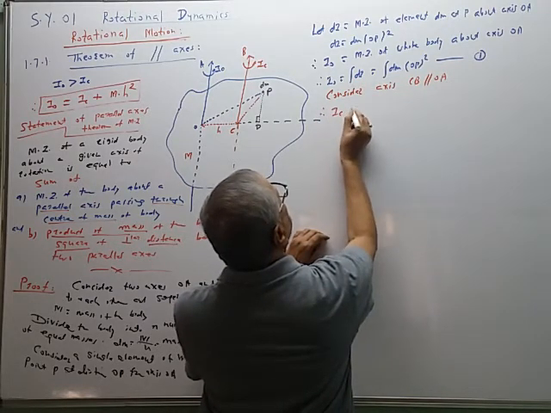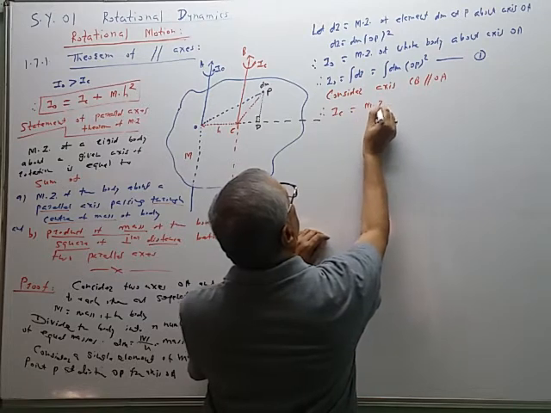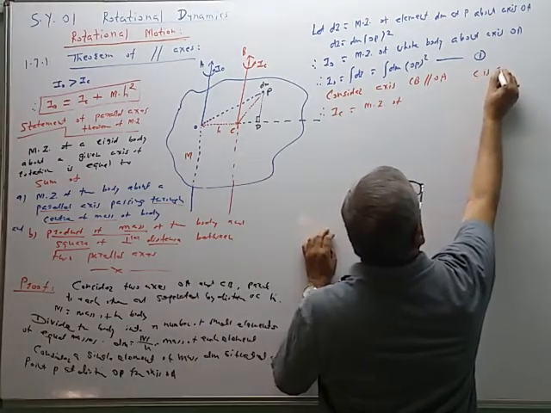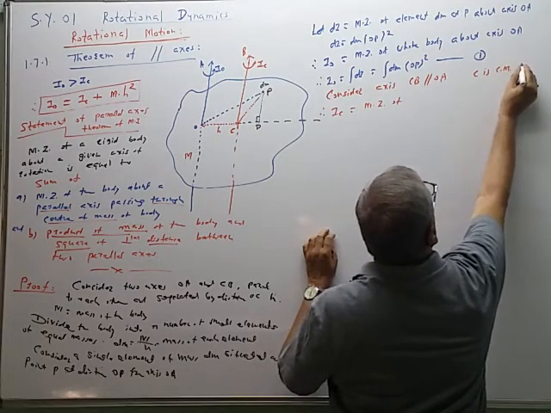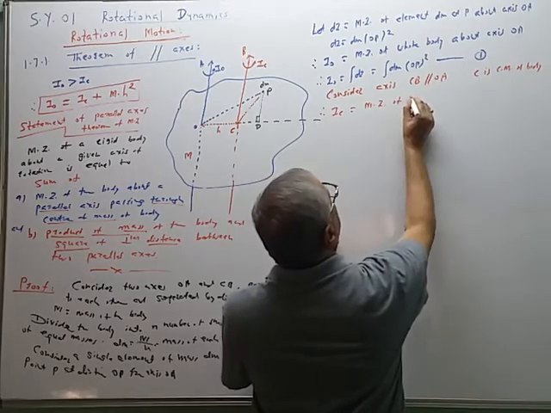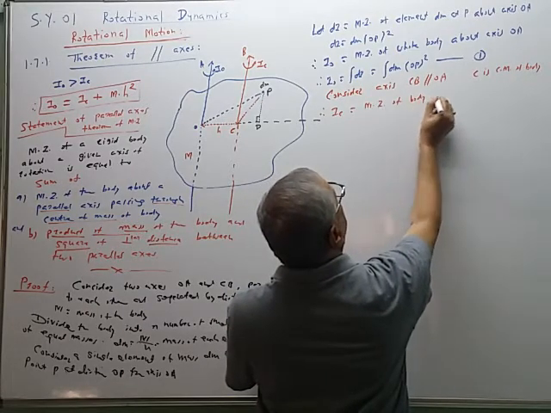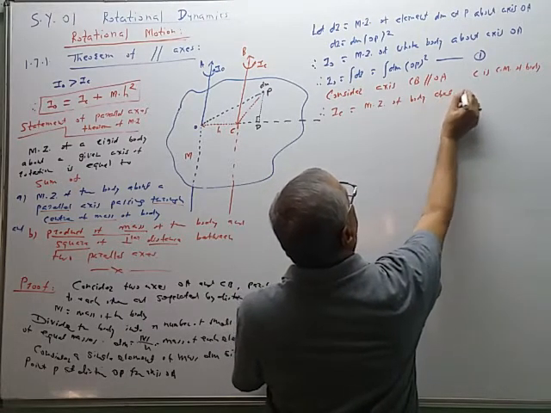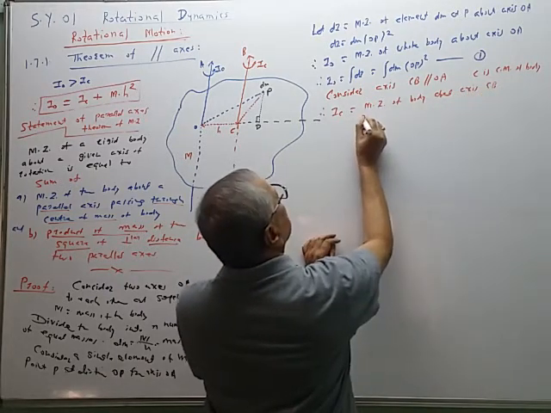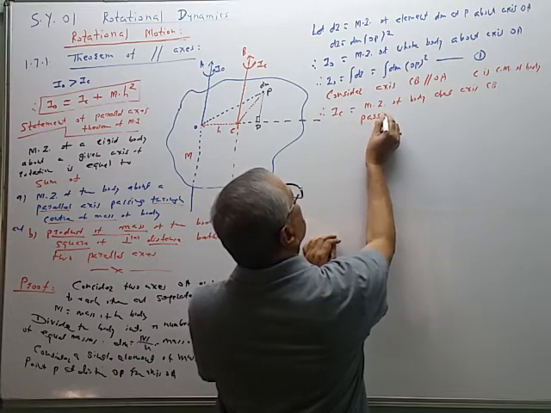Therefore IC is equal to the moment of inertia of the body, where C is the center of mass of the body, about axis CB passing through the center of mass.